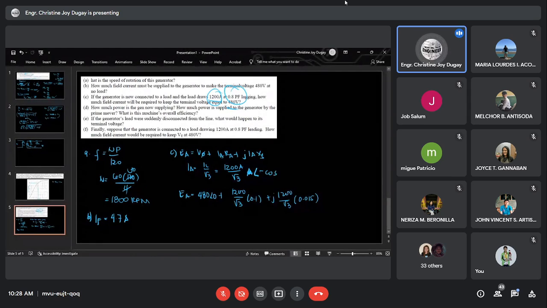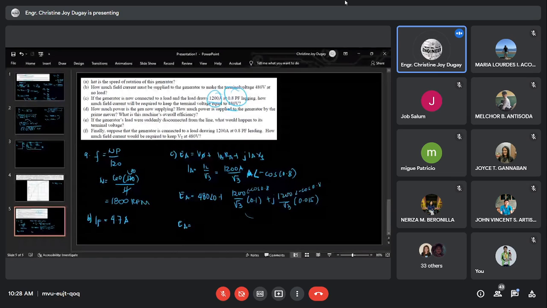So that is cosine inverse of 0.8. So insert lang ninyo dito angle of negative cosine inverse ng 0.8, and this one insert din ninyo angle of negative cosine inverse ng 0.8. So what is now the value of EA? You may use your calculator kung ano ang value ng EA po natin.